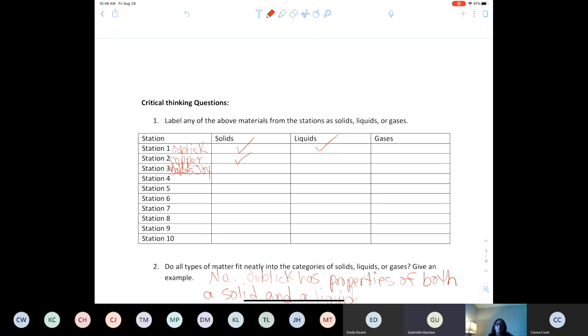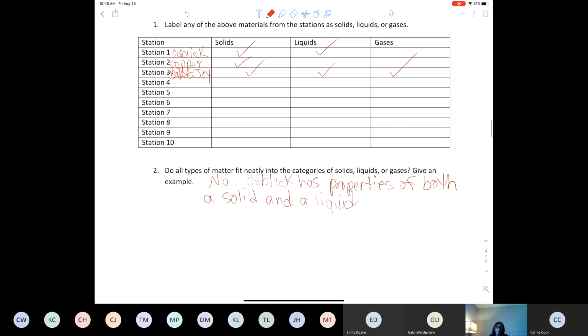My group put all three for that one, because of the flour, because of it being wet, and because it was in an aerosol can. Absolutely. Great observations. Does anyone disagree?